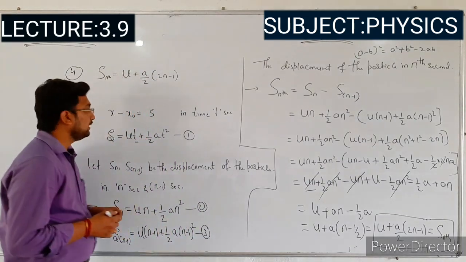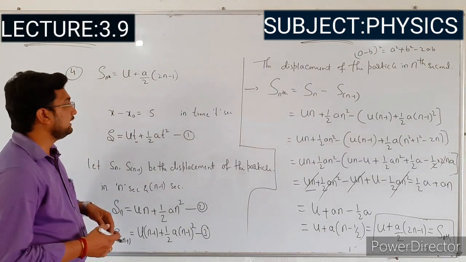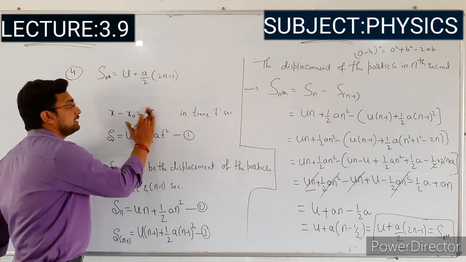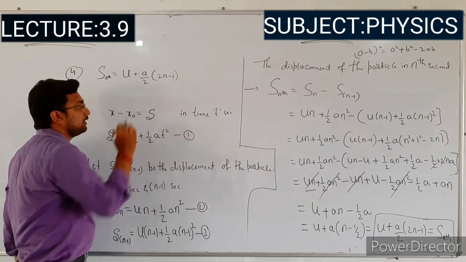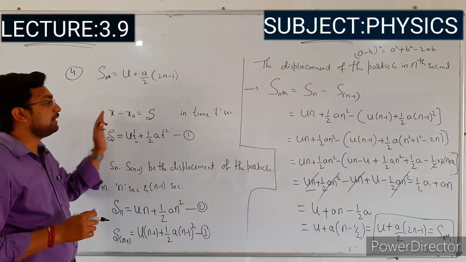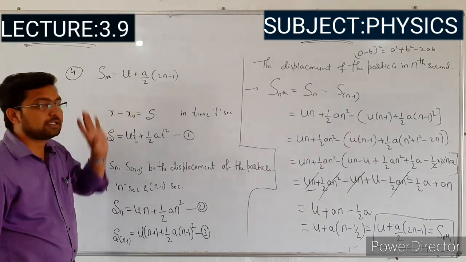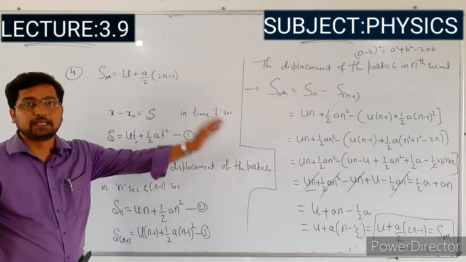Right? Okay. So then the displacement of that particle in t seconds, that gives x minus x naught is equal to s. This is the displacement. Right? So the final position minus the initial position gives the displacement, x minus x naught is equal to s in the time interval of t seconds.